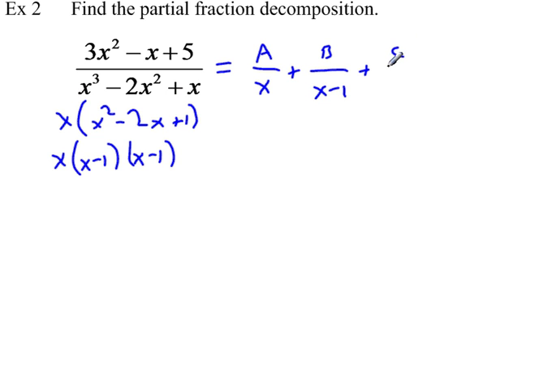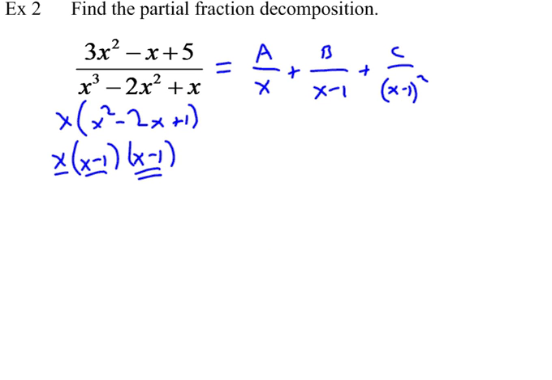So I'm going to say plus c over x minus 1 squared. Okay, we have three fractions because we had three factors here, and because we had a repeated factor, we just have to say x minus 1 squared because we can't have two fractions with the same denominator.